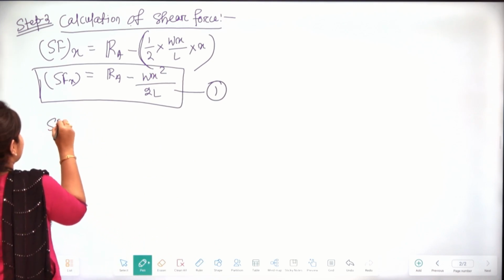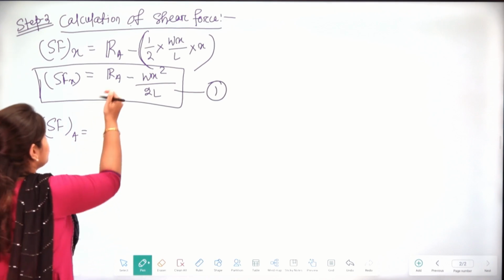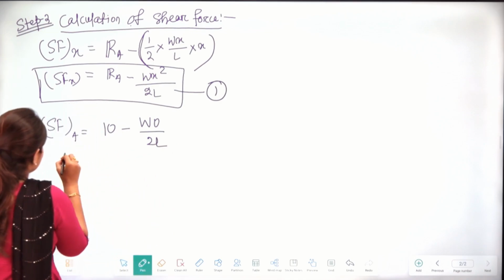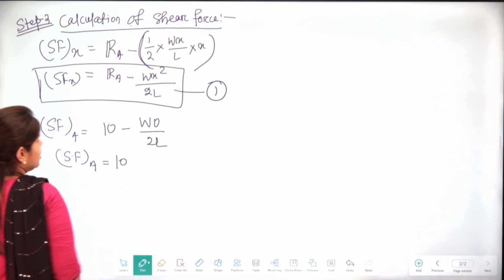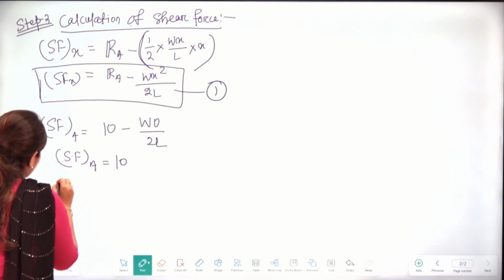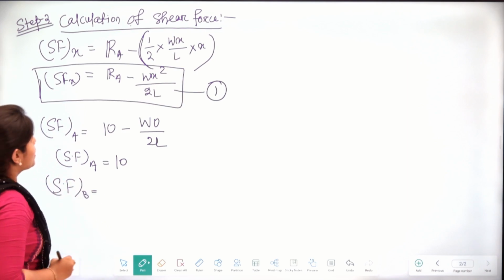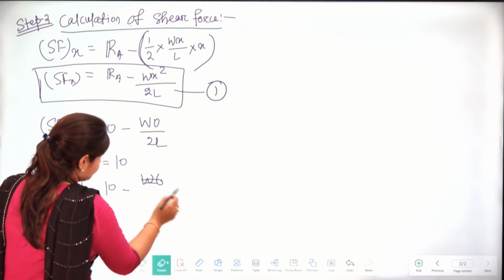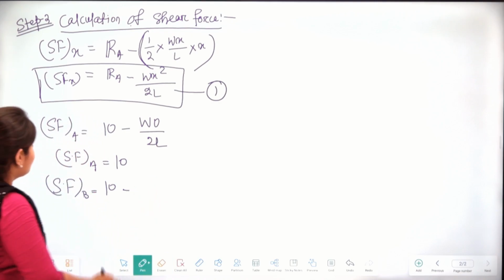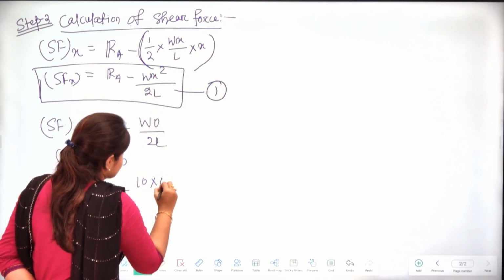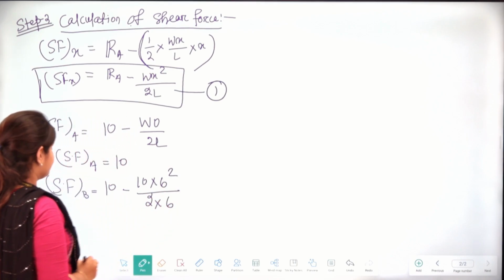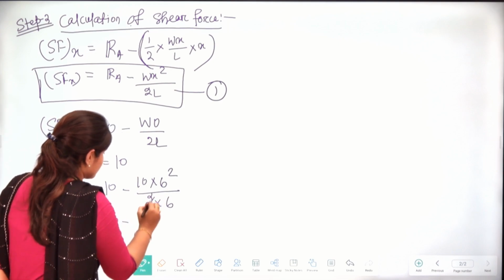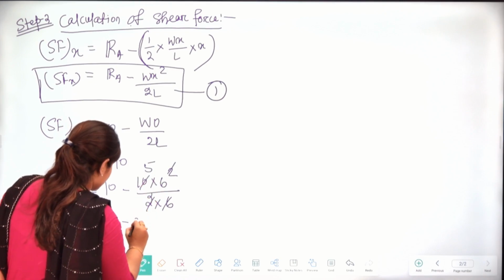Let's find the shear force at point A. RA is 10, minus W into x, where x is 0, so the shear force at A is 10. Now the shear force at point B: RA is 10 minus W into x square upon 2L, where x is 6, so 10 into 6 square upon 2 into 6, which is 30.